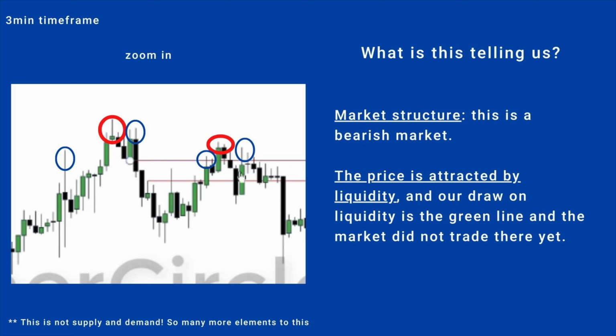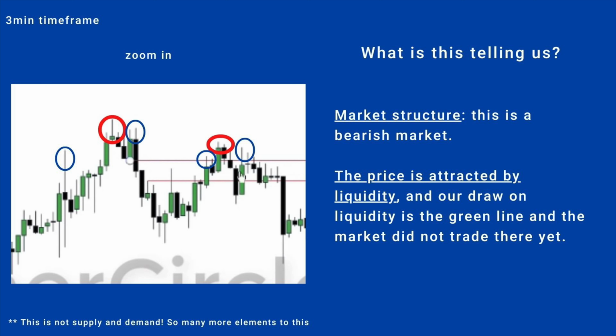So they're telling us something about the market structure. On the other hand, we know, as we have seen from the beginning of this mentorship, that the price is always attracted by liquidity or it is going towards an imbalance. And our draw on liquidity is the green line that we have seen in the lower part of the chart, so it is below where the price is right now.